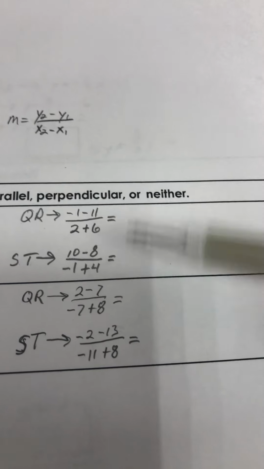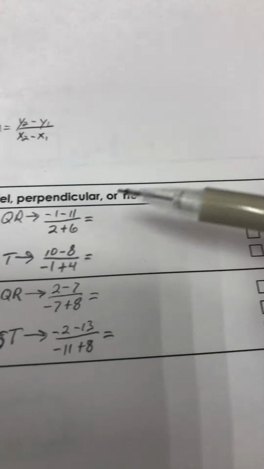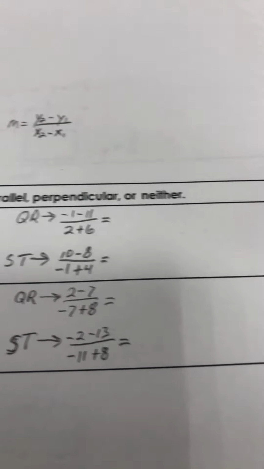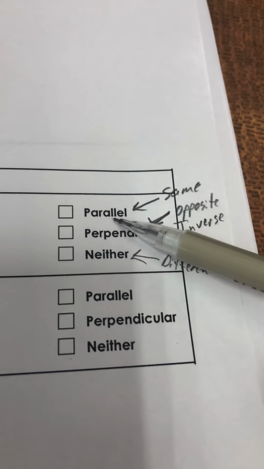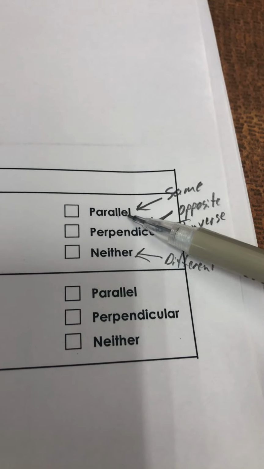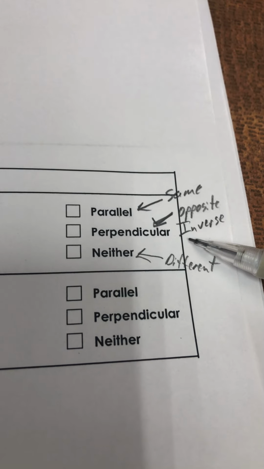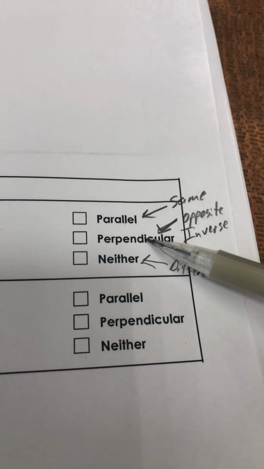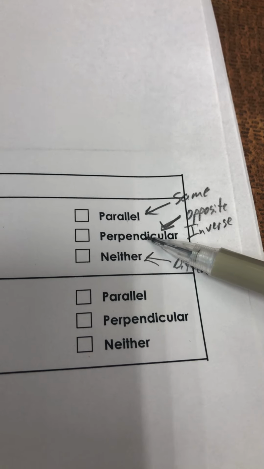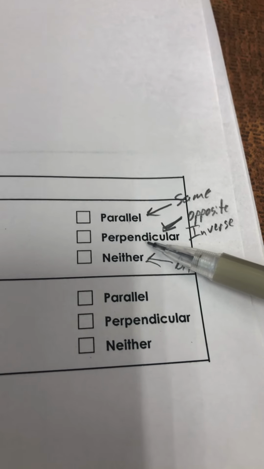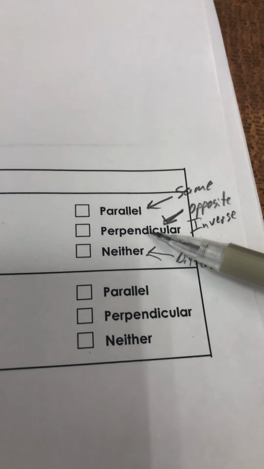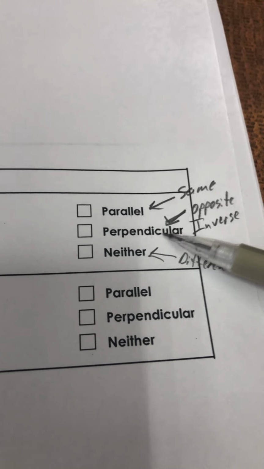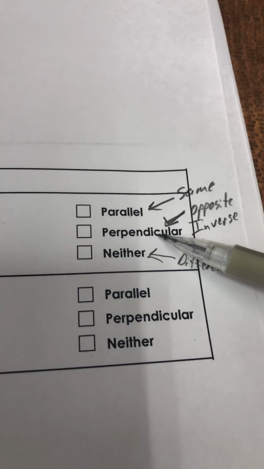So when you work these out, and you could simplify them and do whatever you need, if they end up being the same, that means they're parallel. If they are the opposite inverse, meaning one's positive, one's negative, one is in fraction form flipped over the other, that would be perpendicular.